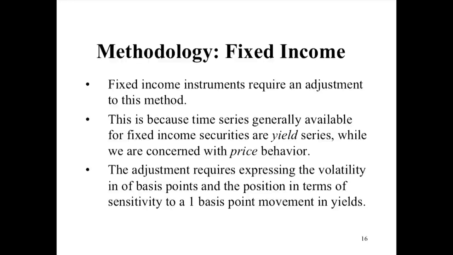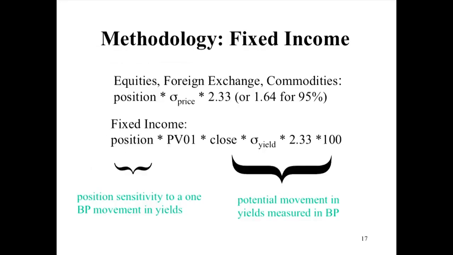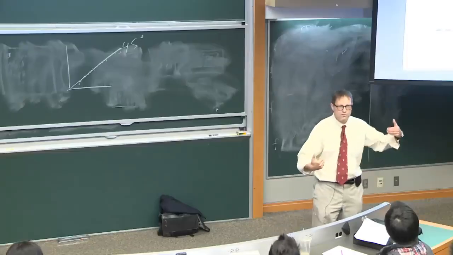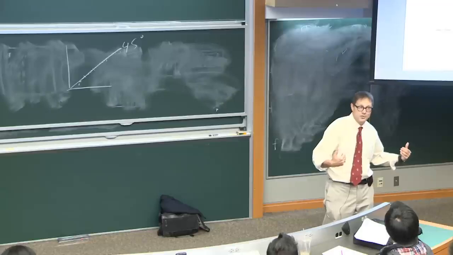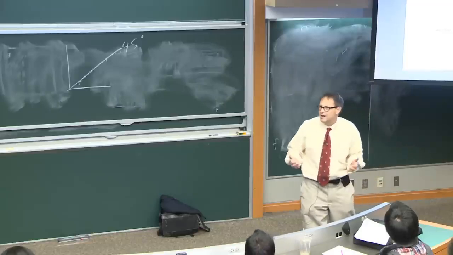I'm going to cover the fixed income piece. We use this thing called the PV01, because what I measure in fixed income markets isn't a price. I usually measure yield. I have to get from a change of yield to a change of price. Sounds like a Jacobian, right? It's kind of a poor man's Jacobian.